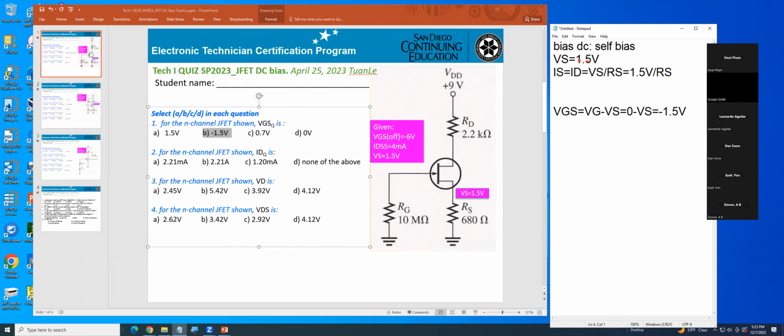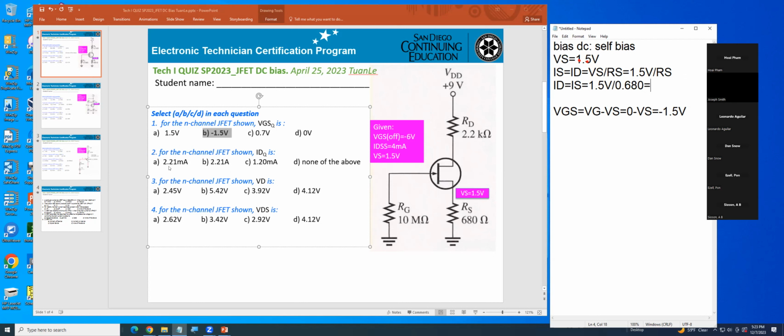ID equals IS equals 1.5 divided by 680. What do you get? 2.2 milliamp.